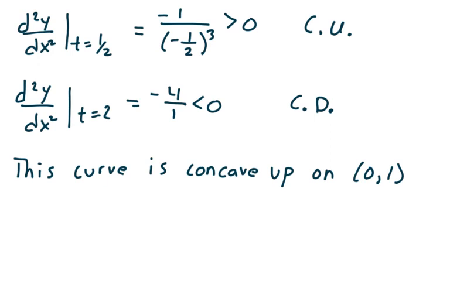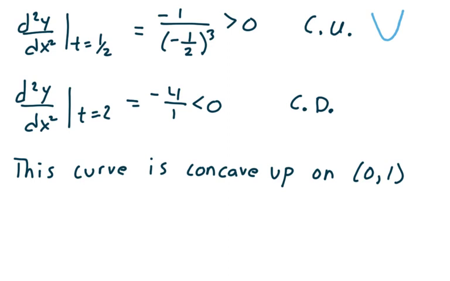And if I look at the second derivative of y with respect to x, evaluated at t equal half, that's negative 1 over negative 1/2 to the third, and that is greater than 0. And so we're concave up on the interval 0 to 1. So you want to think that way.